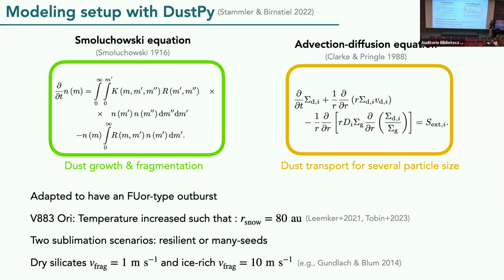That's how we plug in the strength of the outburst. We have two simulation scenarios. We will run one model with the resilience surviving case, one model with the breaking apart. And we are using another finding from lab experiments that's very debated, as Baobab mentioned, that dry silicates are weaker to fragmentation than ice-rich grains, which means that silicates will grow to smaller sizes.